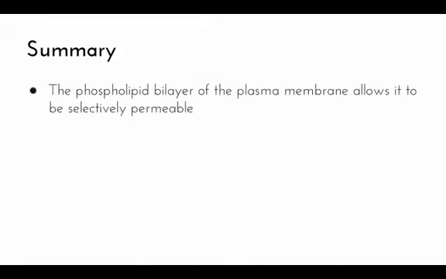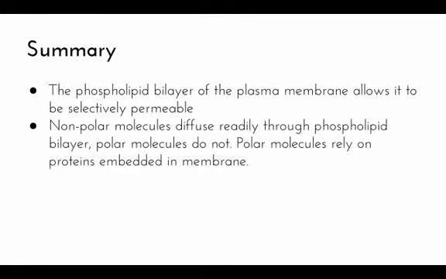So in summary, it was only a short podcast. The phospholipid bilayer allows the membrane to be selectively permeable, and that's obviously very important in terms of how the cell functions. Non-polar molecules such as oxygen and carbon dioxide readily diffuse through the phospholipid bilayer, but polar molecules do not, so things like glucose and amino acids instead rely on proteins embedded in the membrane.